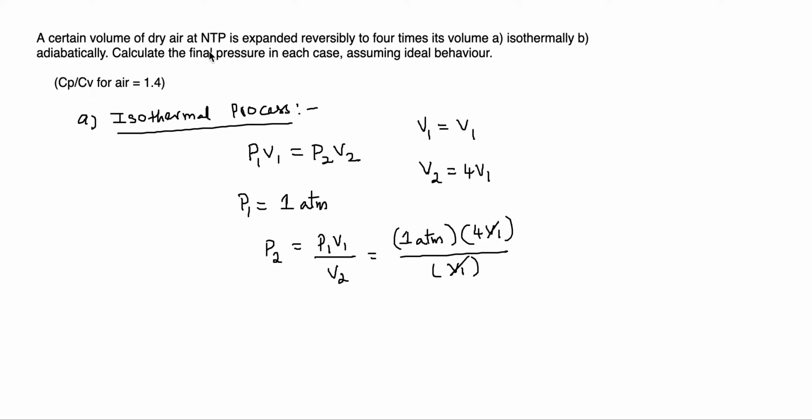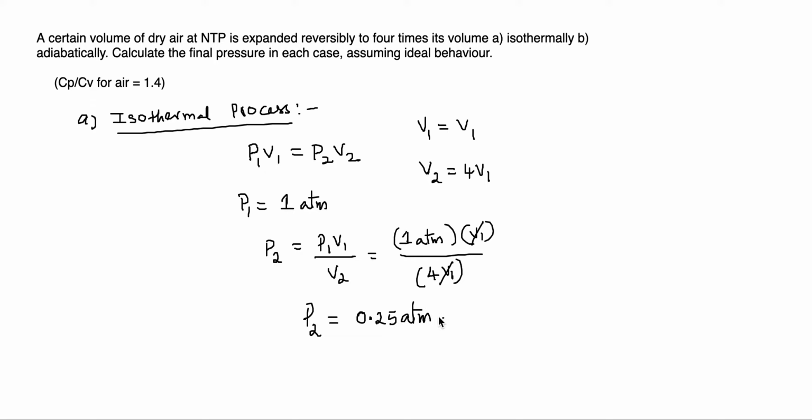Sorry, I made something wrong here. The numerator is V1, and the denominator is 4V1, because in the denominator we have V2. So here V1 cancels out. Now we have a final pressure P2 as 1 divided by 4 atm, that means 0.25 atmospheres.